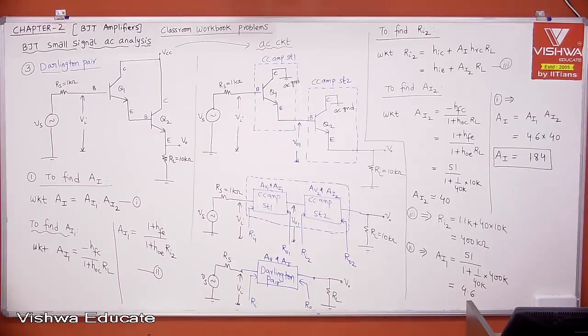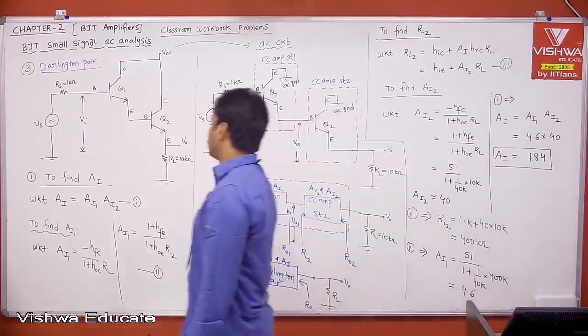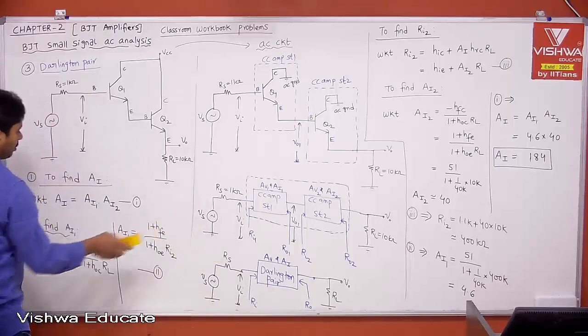Okay. Now the second one, to find Ri for the Darlington pair.